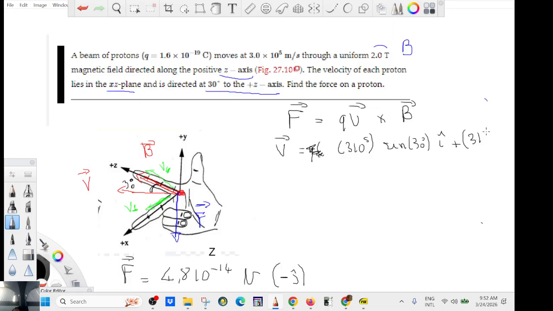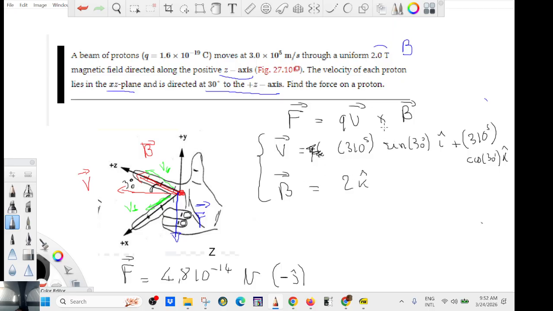Are you with me? Just a little bit of calculus. Cosine 30, and that's z, so it's a k hat. Okay, so you can do it this way. And then B is along z, so it's going to be 2 k hat.